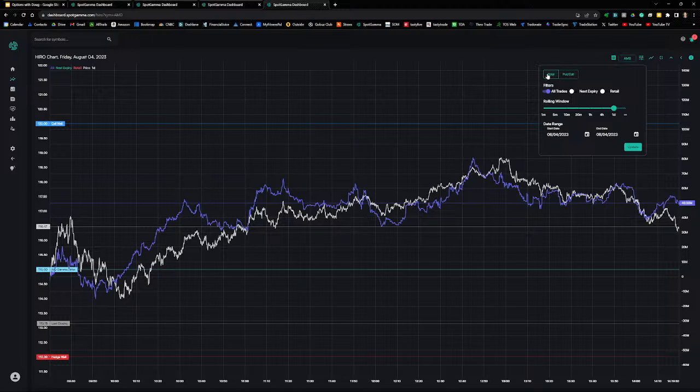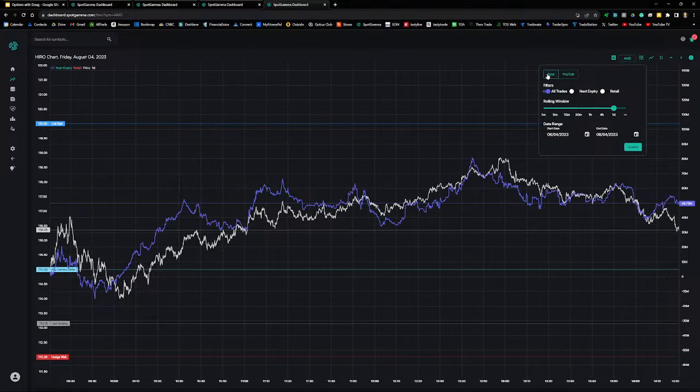AMD has been pretty strong. It was definitely strong yesterday, but options have been driving price higher and lower. I believe yesterday it was higher. Yeah, AMD call buyers yesterday, and the day before selling calls. So yesterday they were buying calls, today buying calls, and that is driving price higher.